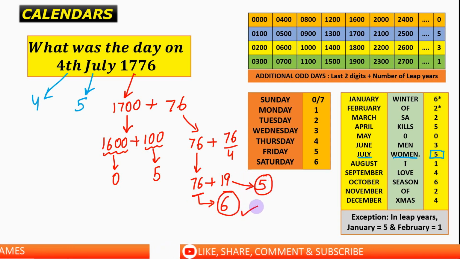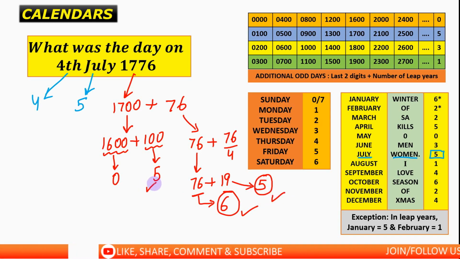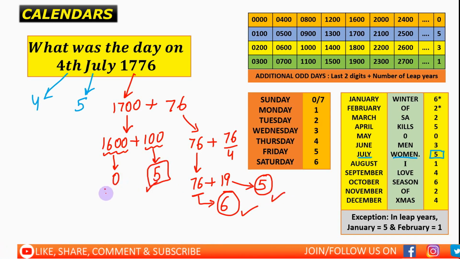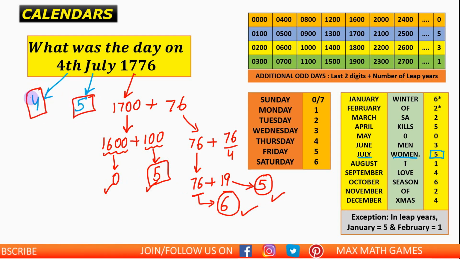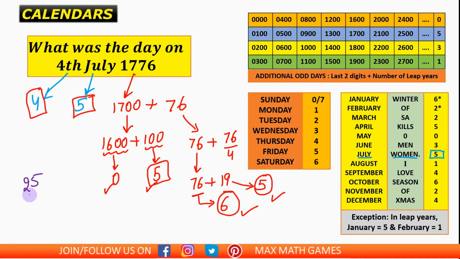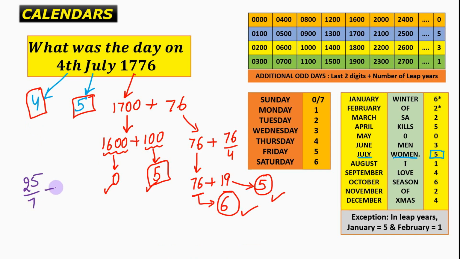So now we add 6 plus 5 plus 5 plus 0 plus 5 plus 4, which gives us 25, and when 25 is divided by 7, it leaves a remainder of 4, and 4 signifies that this date was a Thursday, and hence 4th July 1776 was a Thursday.